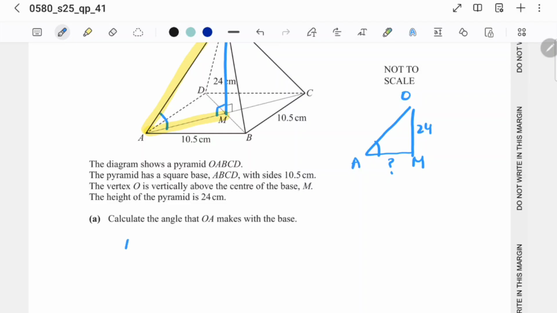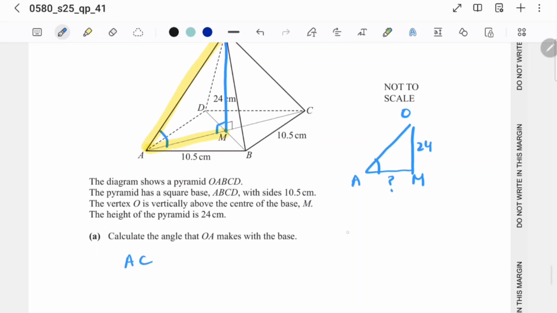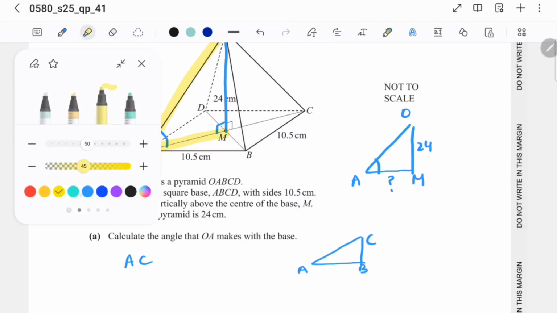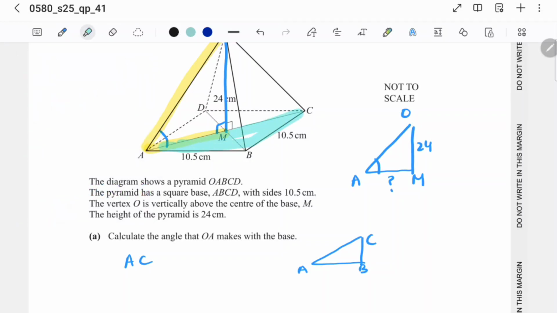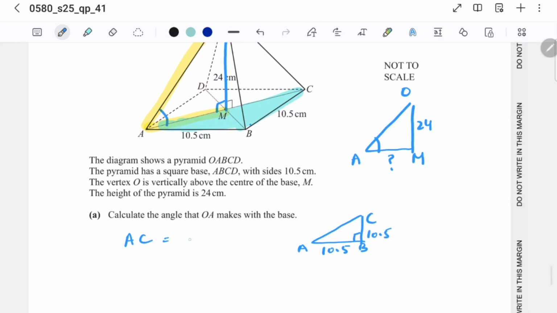So for AC, you can have this triangle A, B and C, which I have taken inside the base. You know that it's a square base, so angle B is 90 degrees. This is 10.5 and this is also 10.5. So use Pythagoras theorem: 10.5 squared plus 10.5 squared is equal to a squared plus b squared, and then you get 14.8492.